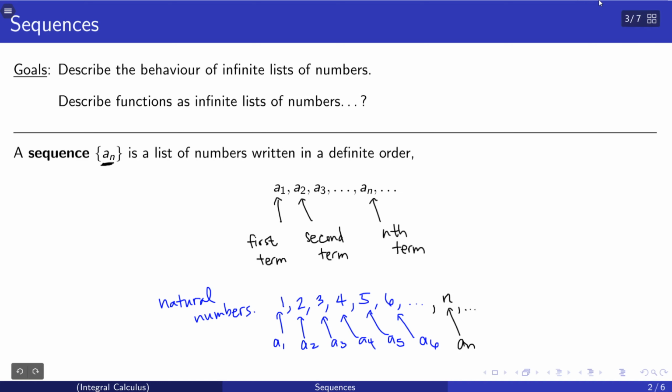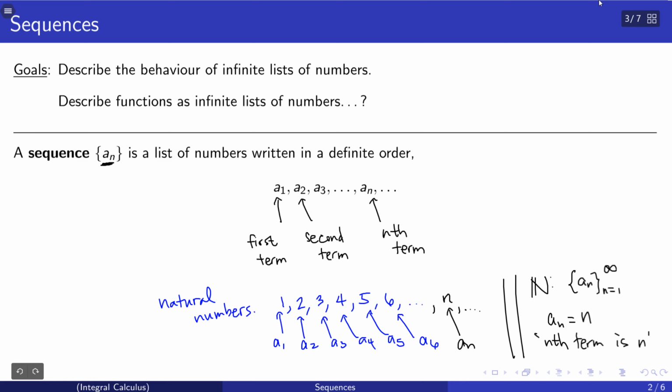So the nth term must be exactly equal to n. In other words, we can describe the natural numbers as the sequence from n equals 1 to infinity, given by the formula a sub n is equal to n. In other words, the nth term is n.